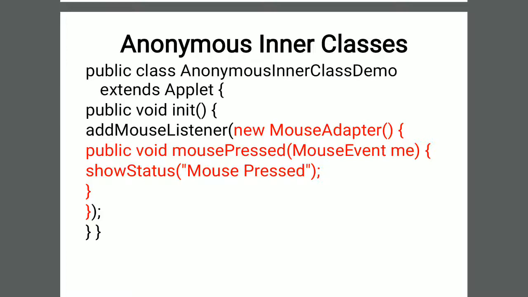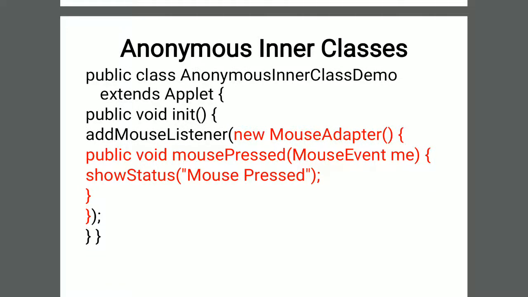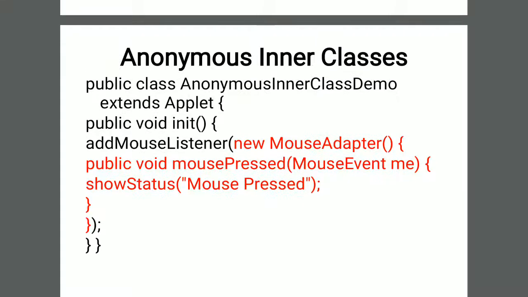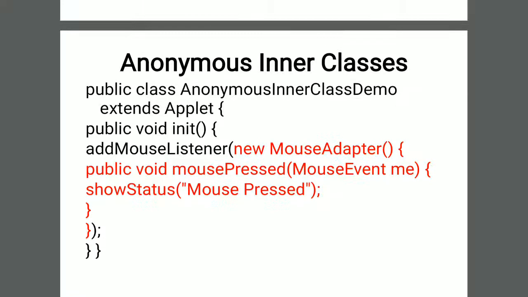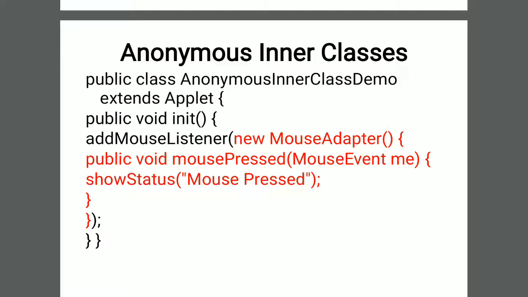The implementation will be the same as the previous program, but a little bit different: whatever I have written in red color, the fonts which are in red color, are the representation of the anonymous inner class. It is like an inner class which has an anonymous name, or no name is specified. Again the showStatus method is present in the inner class.